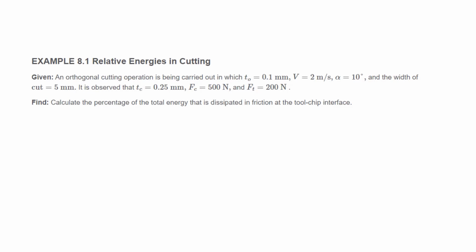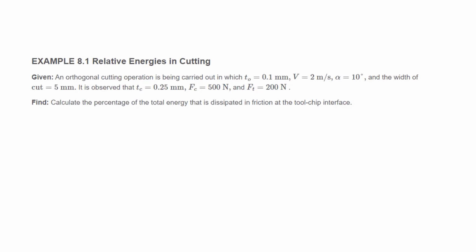So how to calculate this one? So friction energy, the percentage of the total energy that is dissipated in the friction. And so we know friction energy divided by the total energy is the percentage.